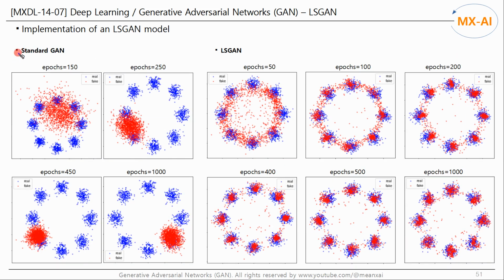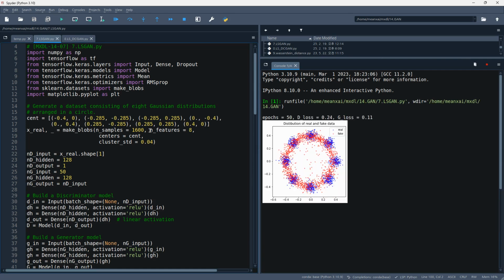In the standard GAN implemented in the second video, mode collapse and mode hopping phenomena occurred like this. We can see that these phenomena disappear in our LSGAN model. Let's run this code.